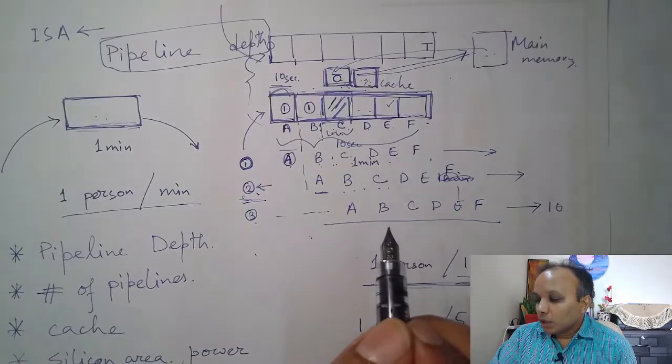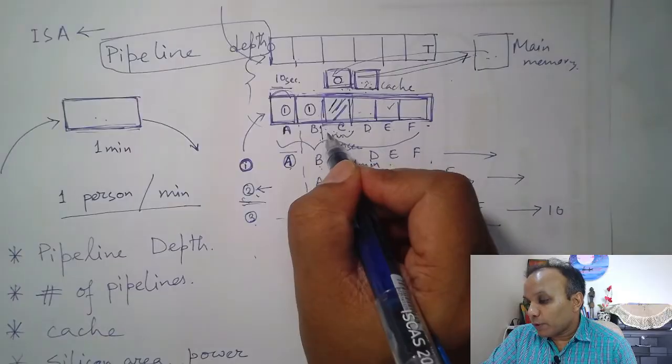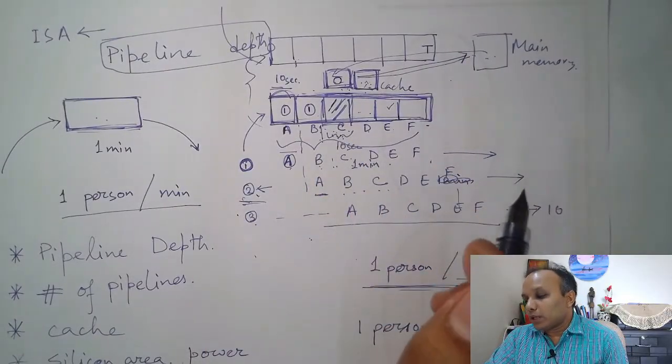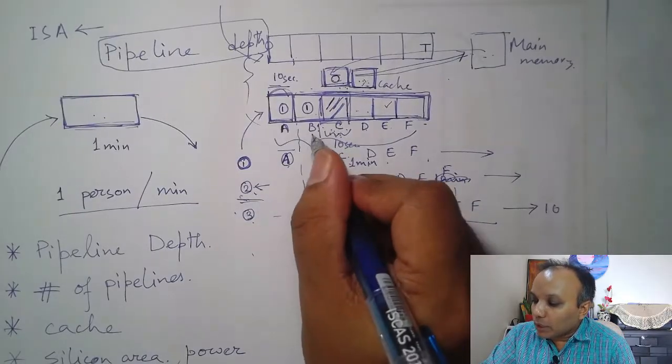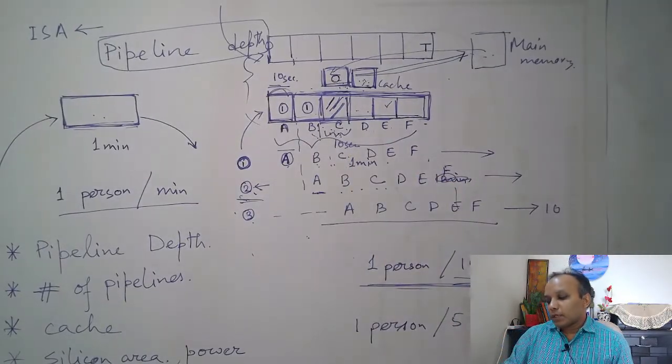While this first person is waiting for his roti and this guy says that I do not need a roti, do we allow him to jump the queue and move ahead of the first guy?